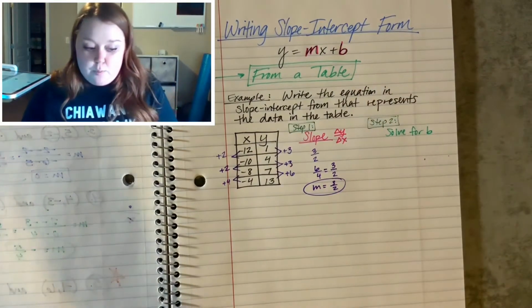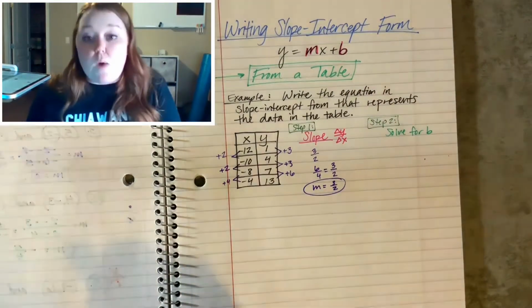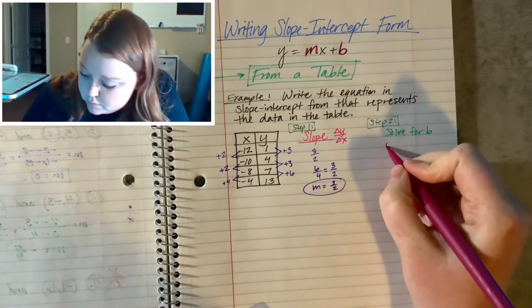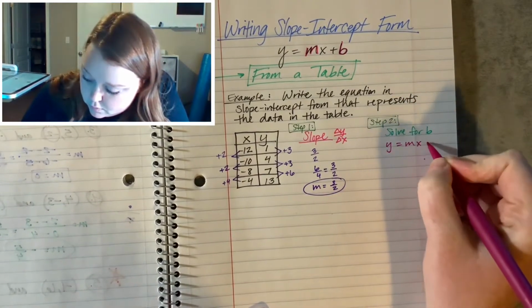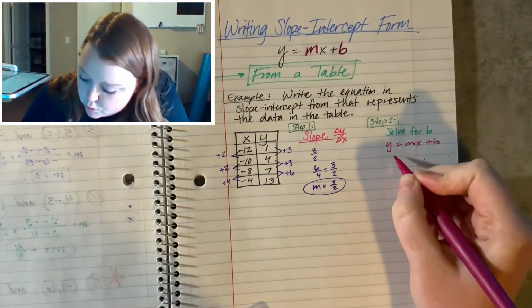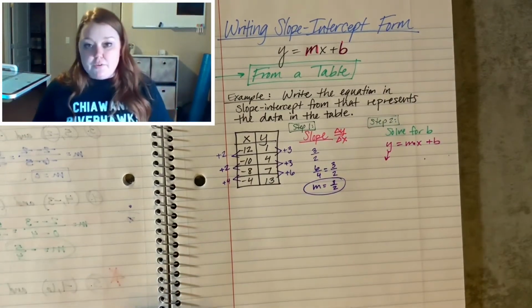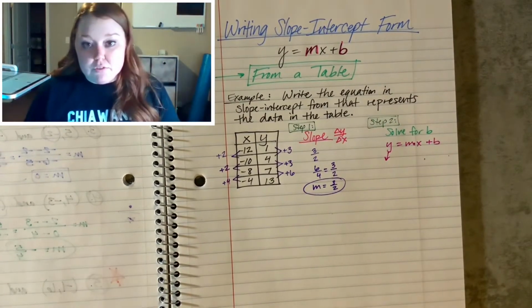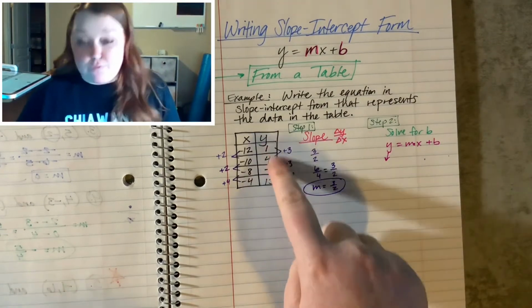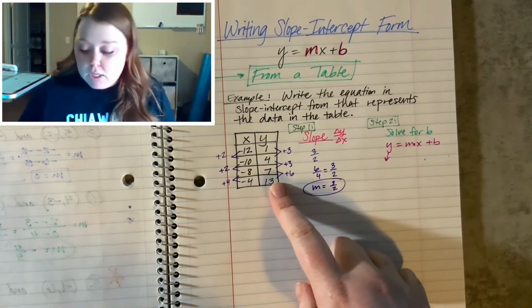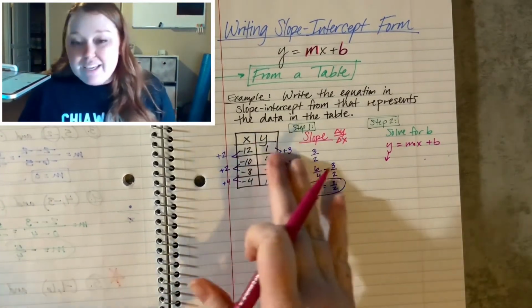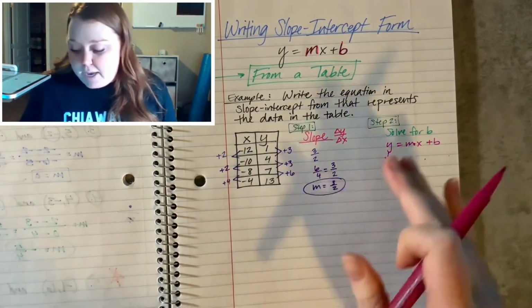This is where you get to plug things in to y equals mx plus b. So what can I plug into my y value? Did it give us any y values? Well, shoot, it gave us 4 y values. So I'm basically going to pick an ordered pair to use for my x and y.